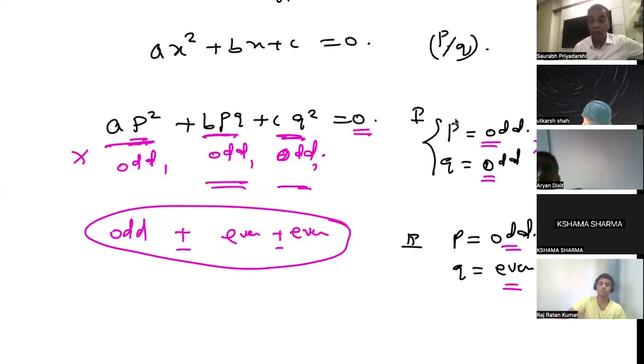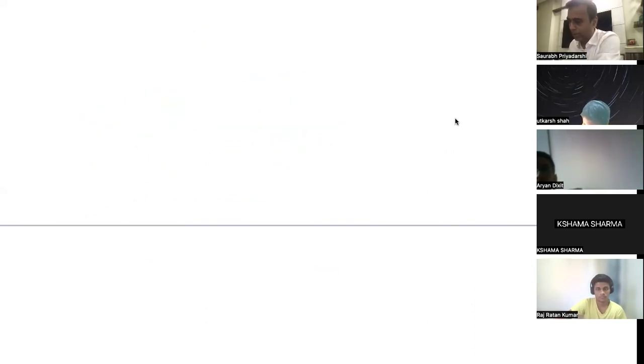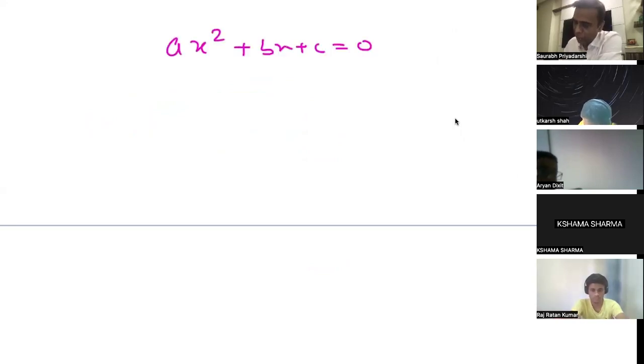Like, a lot of methods are there. I'm not saying only these methods. See, I'm solving this: let ax squared plus bx plus c is equal to 0, and I'm assuming b square minus 4ac is r square. Since b is an integer, and a, c and 4 are integers, b square minus 4ac must be an integer.